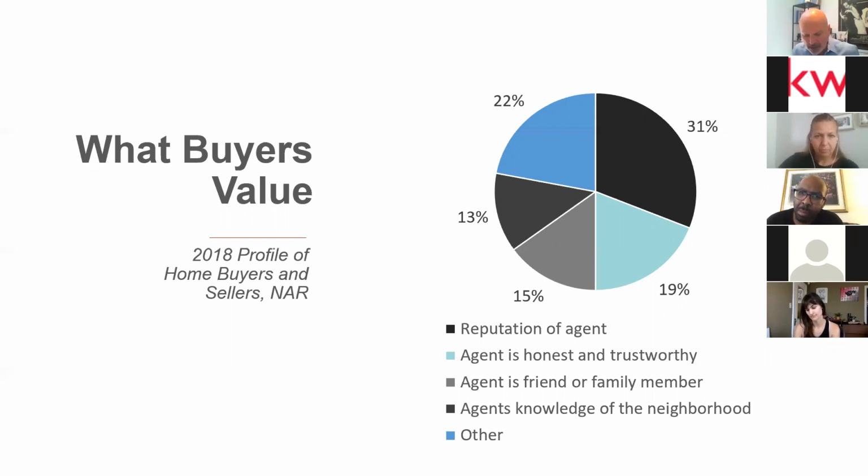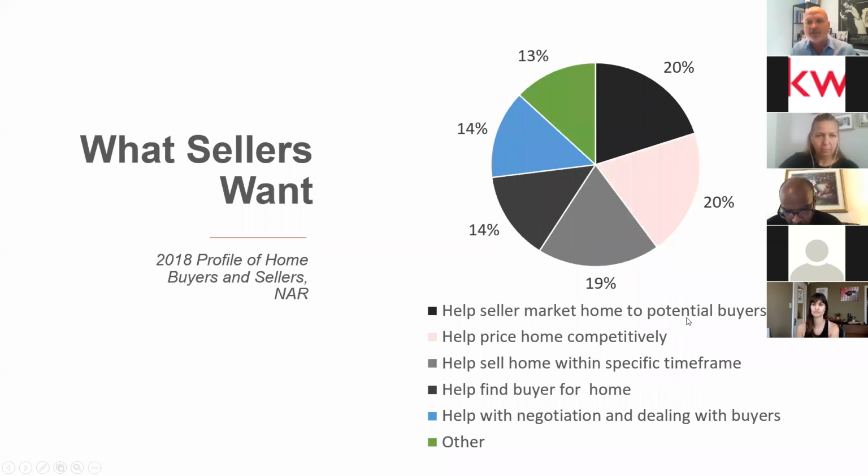So let's move on to the seller part of this conversation. Now we understand this is what sellers want most. They want help selling, marketing their home to potential buyers. That's the number one thing. It's 20% who want you to market. How are you going to market my home to a potential buyer?